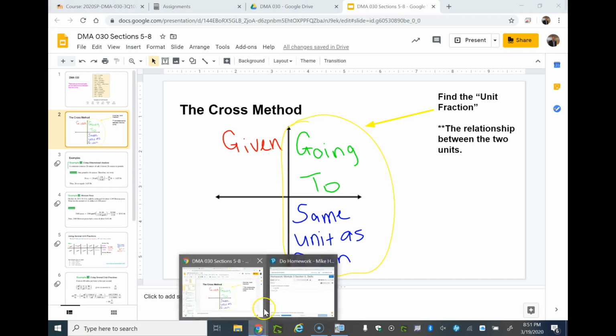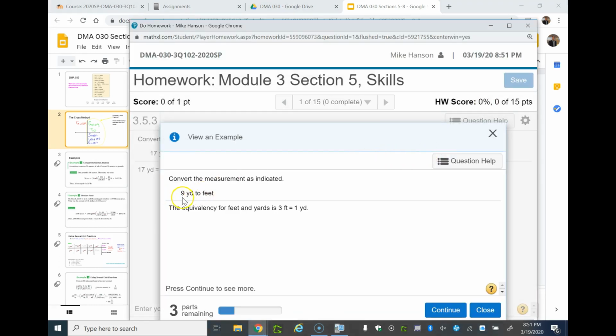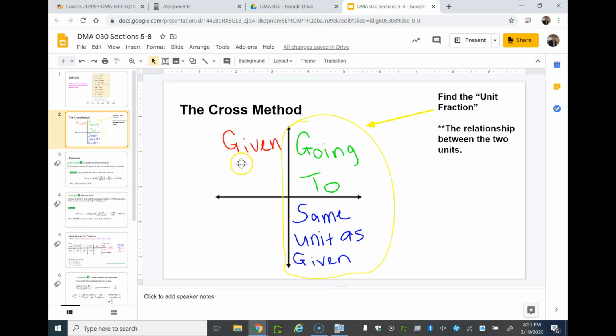So for an example, here we're going to convert yards into feet. We have 9 yards. This is the given part, so we're going to write that in the top left-hand corner. Down here, we're going to put the same unit as the given. Whatever was given, which was yards in this case, we're going to write down at the bottom.